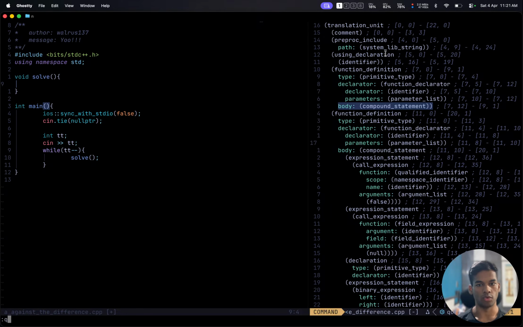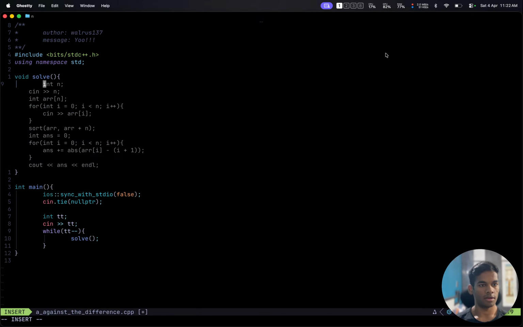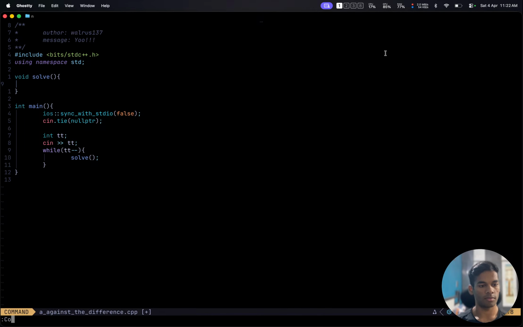New Vim presetter broke, but now it is working, so that is pretty cool. Okay, and 8 spaces. Podium toggle. Cool. Podium is disabled.